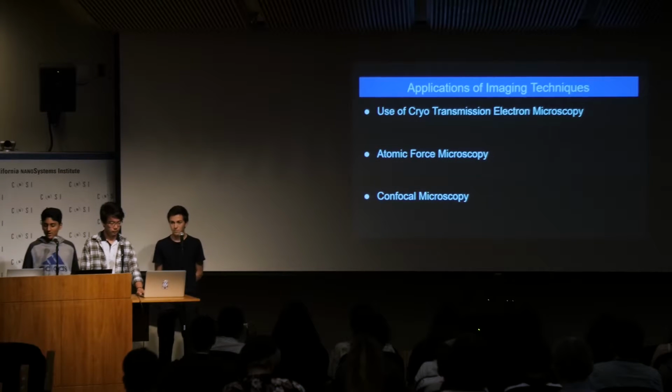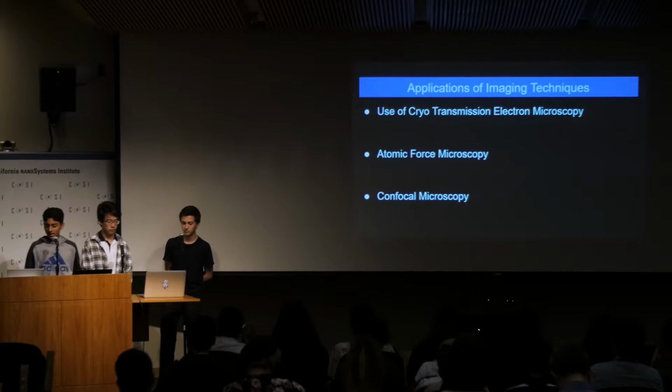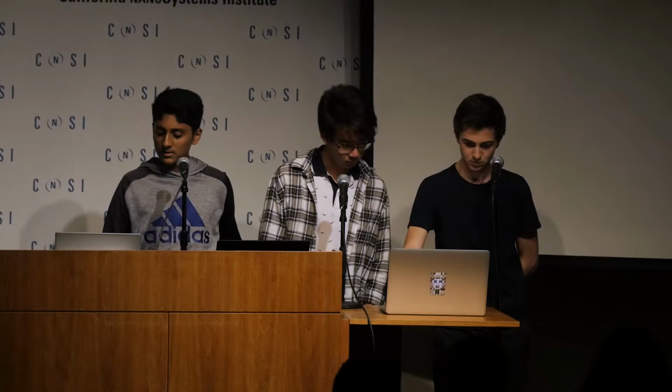So for this experiment, we'll be applying the microscopic techniques we learned over the past few days, which are cryo-transmission electron microscopy, or cryo-TEM, atomic force microscopy, and confocal microscopy. For cryo-TEM, electrons that have very small wavelengths are fired at a sample, allowing us to scan very thin segments of the organism in order to produce black and white two-dimensional images of the internal structure.